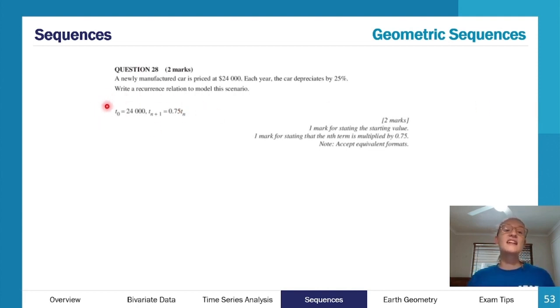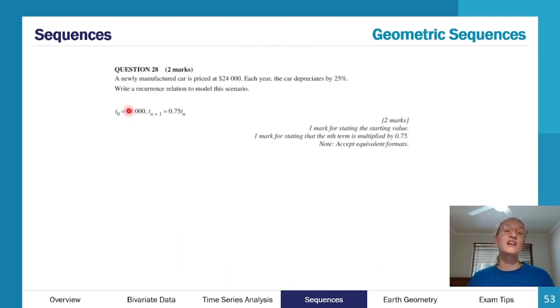So again, this is a little bit similar in some ways to our cake scenario, because n here is the car's depreciation after 1 year. But the newly manufactured car, when it's 0 years old, is $24,000.